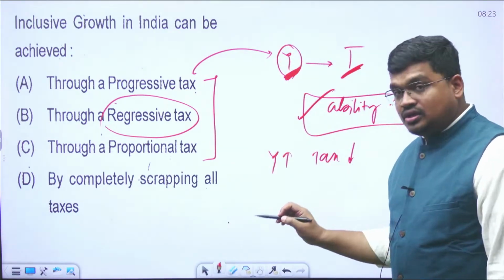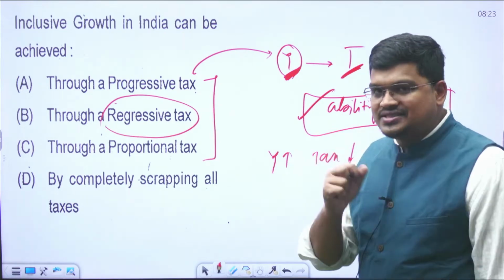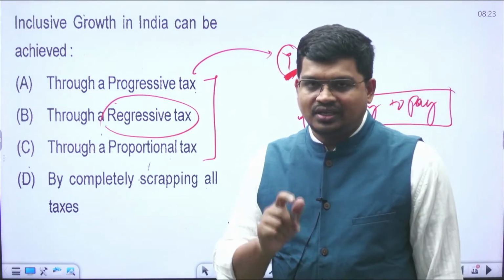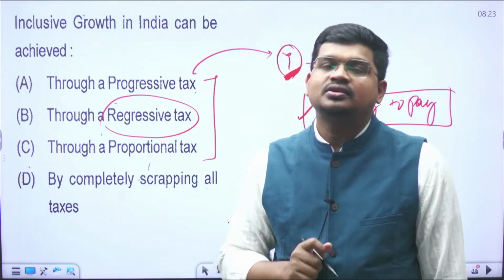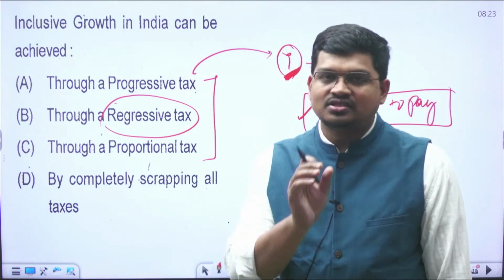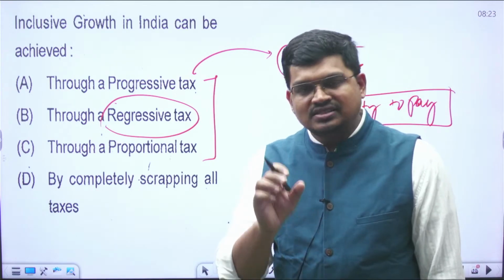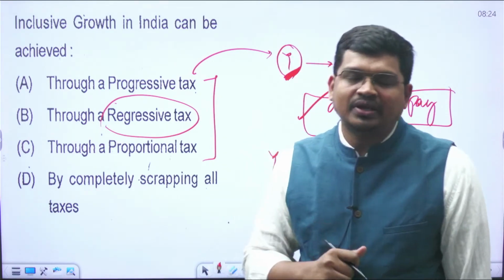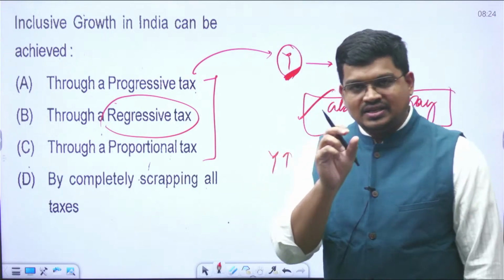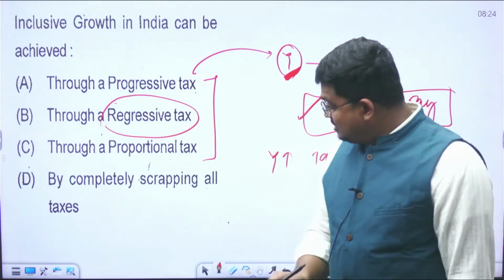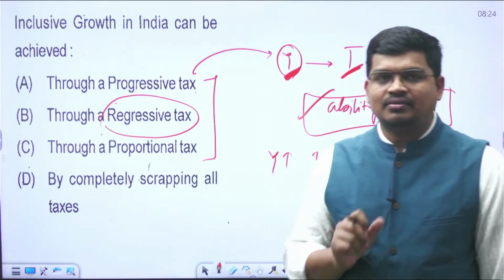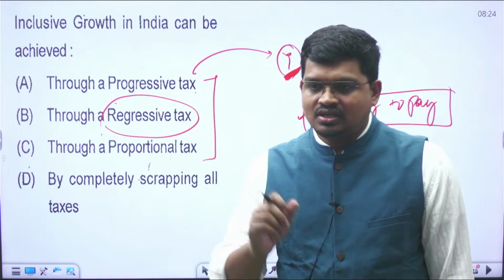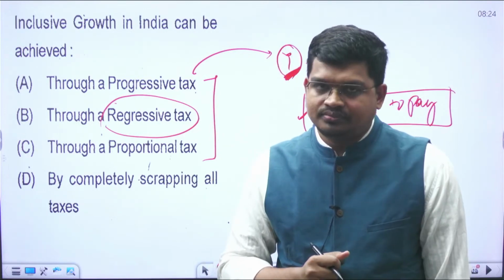Suppose this 10 rupees Parle-G biscuit, one rickshaw puller is purchasing the same 10 rupees Parle-G biscuit, the Reliance Ambani family is also purchasing. Let me repeat my example. The same Parle-G biscuit of 10 rupees, this rickshaw puller is buying, and the same Parle-G biscuit of 10 rupees, the Ambani family is also buying.